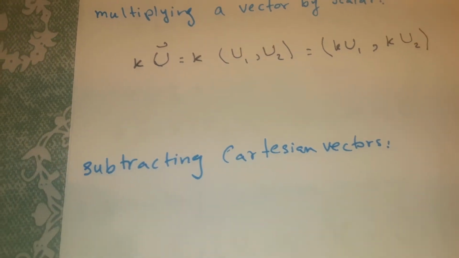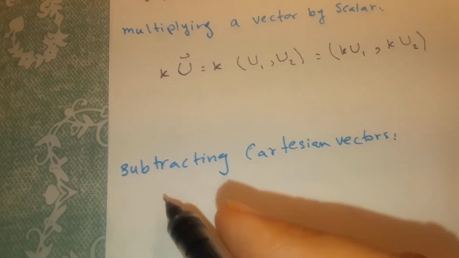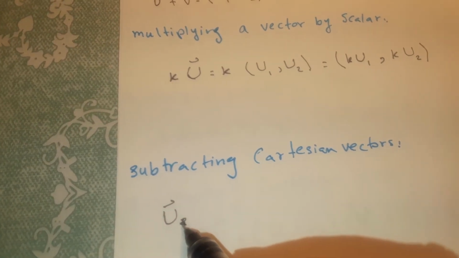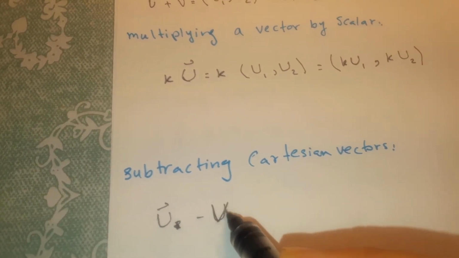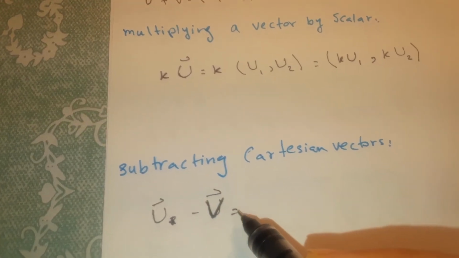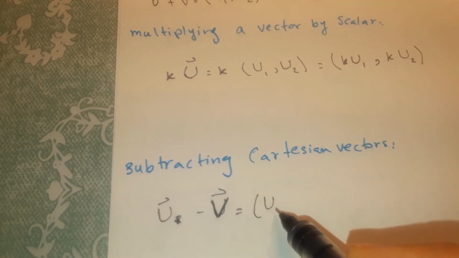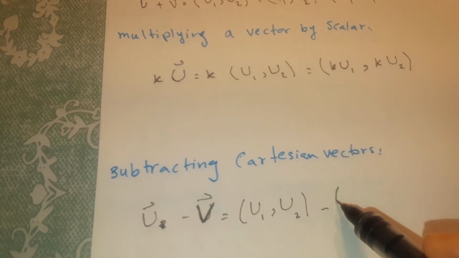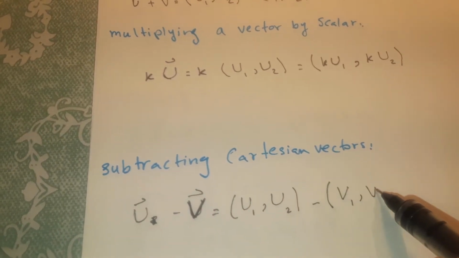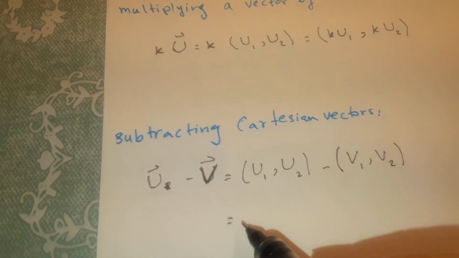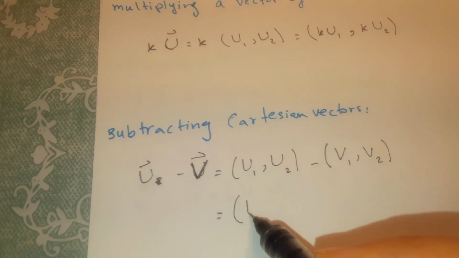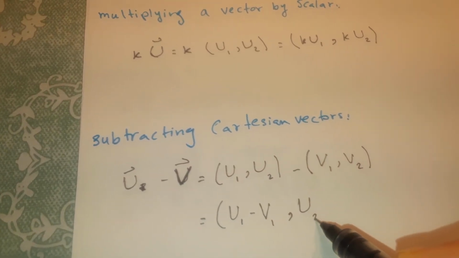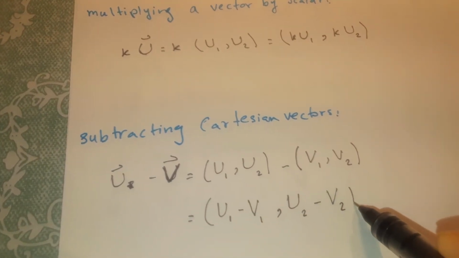So, subtracting Cartesian vectors. Again, let's say I want to subtract vector u minus vector v. So it's (u1, u2), the x and y components of u, minus (v1, v2). To subtract these two vectors, of course, you subtract the x components and you subtract the y components from each other.